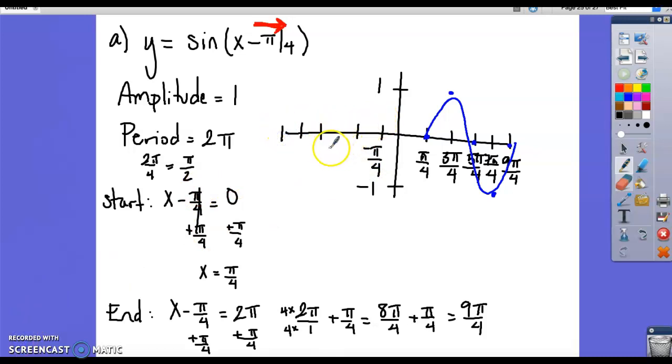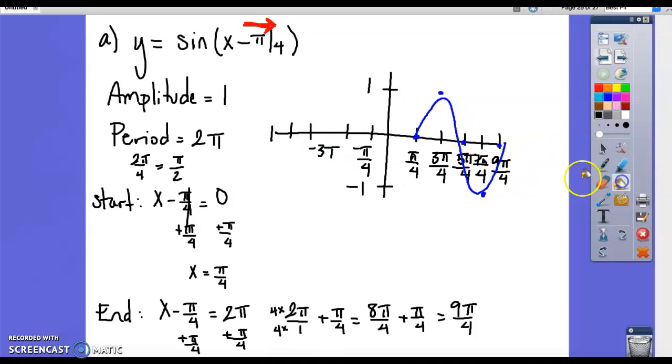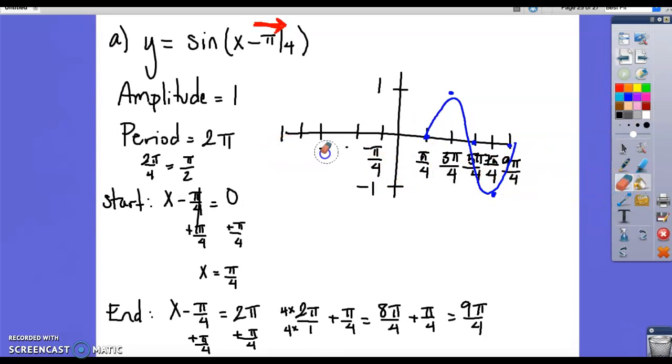This next one would be negative 3 pi over 4, then negative 5 pi over 4 and negative 7 pi over 4. So if I finish this cycle, I go back to the minimum, midline, max, midline. And there is that graph.